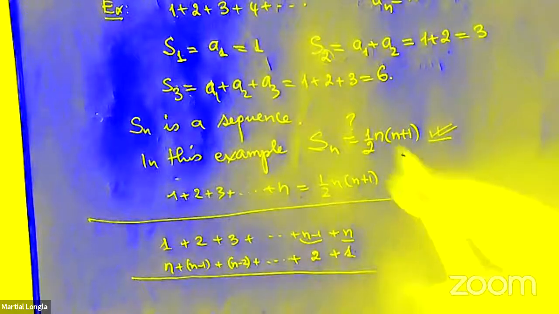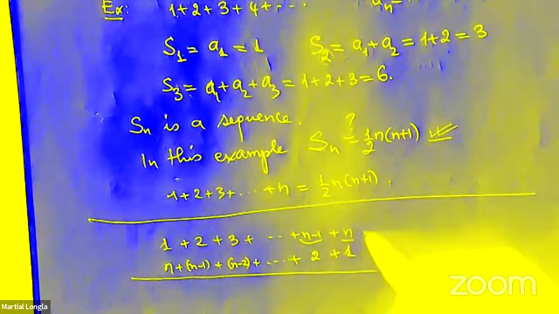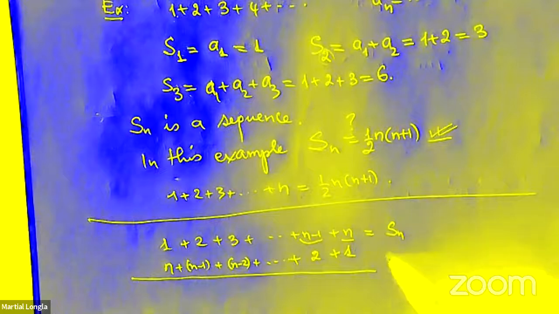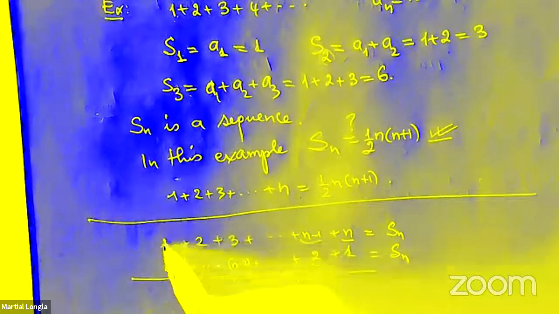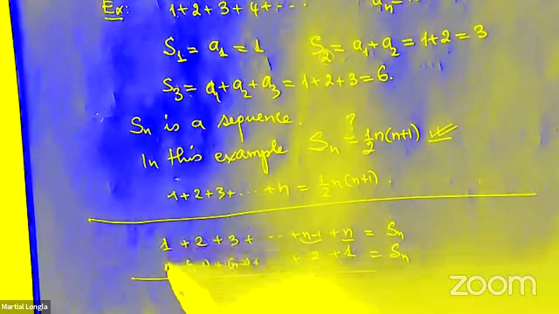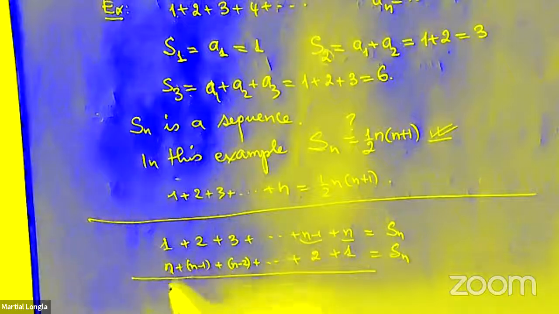And then add the two rows. So this is Sn. This is Sn, I just wrote it backwards. Add the two rows. If I add 1 plus this, what is it? n plus 1, right?